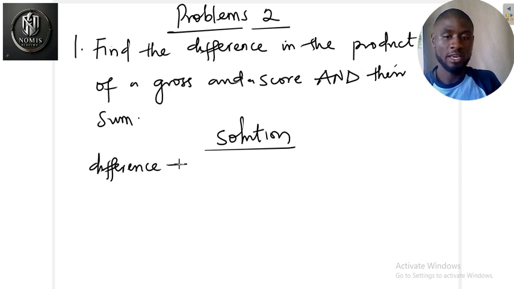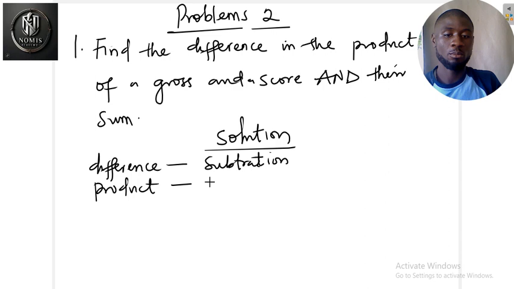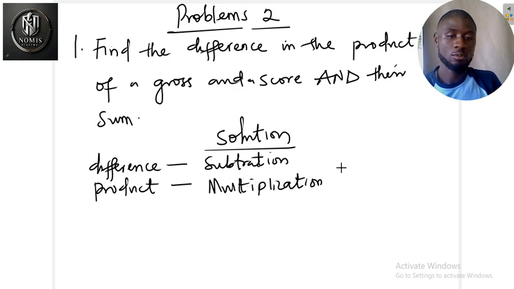Let's pin that down so that we don't forget. Difference means subtraction. Let's put that down on our board. Product means multiplication. Gross means 144.